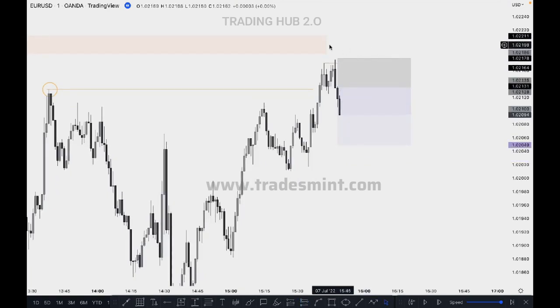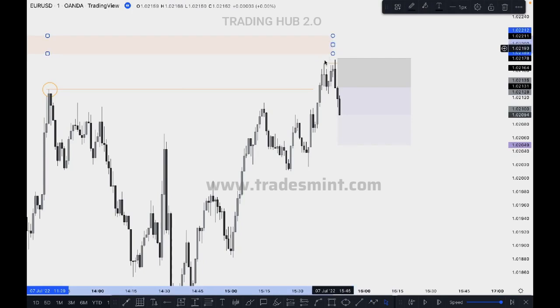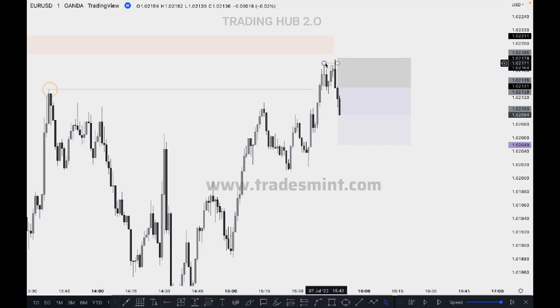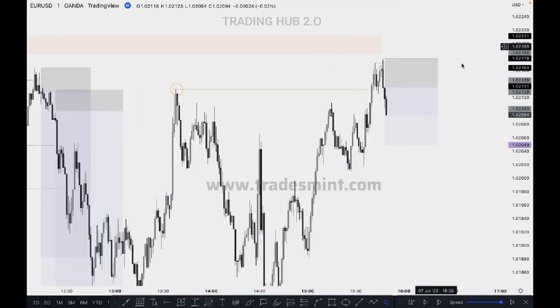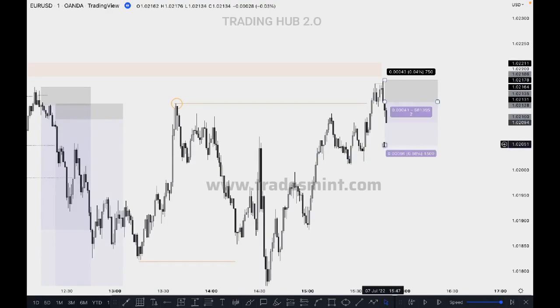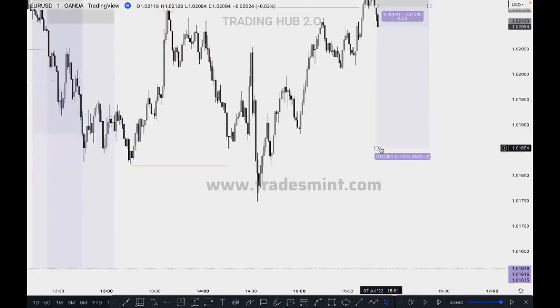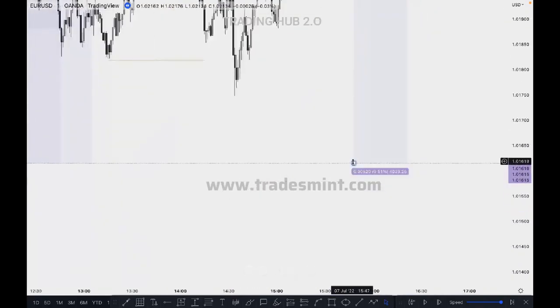In this case, it doesn't matter whether the supply is tapped or not. When the market taps supply, then you have to apply entry type 1. So in this case we are applying entry type 3 because the market swept the previous candle high. So this is our next entry and the target is here.